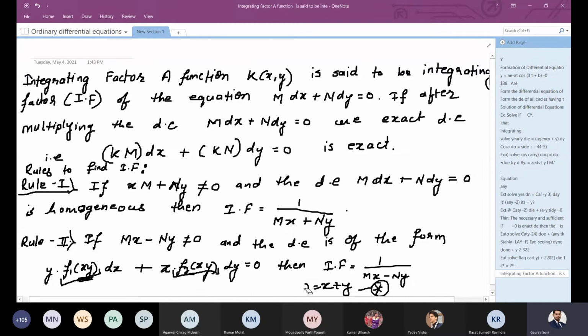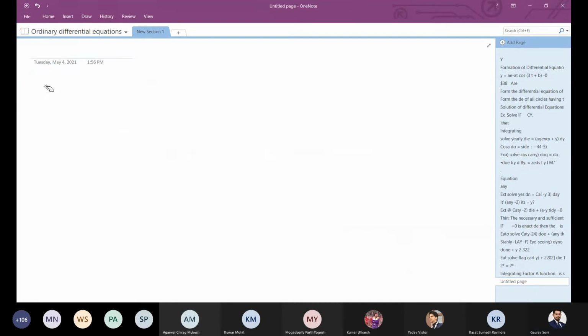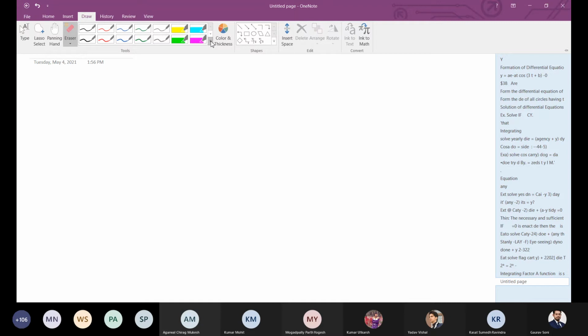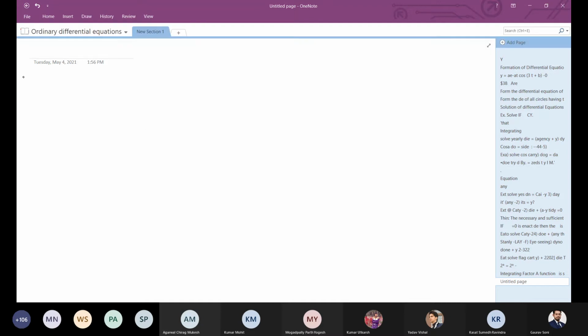So I'll go to the last rule. These are actually two rules, but I will combine them for better understanding. Rule number 3.